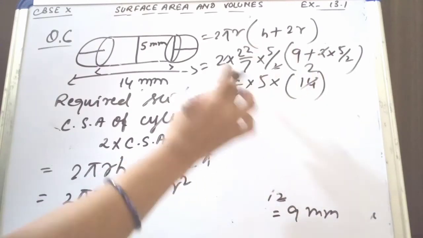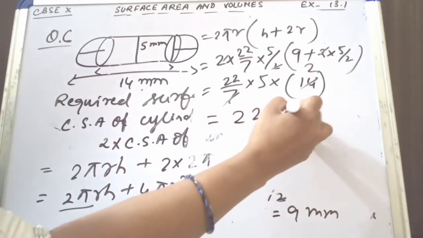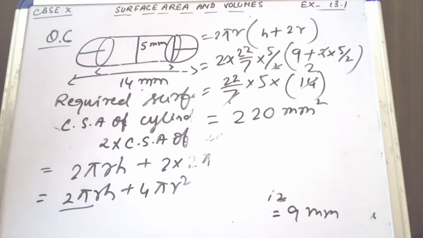That means 5 2s are 10. 220 mm square. That's the required answer. So the surface area of this total medicine capsule is 220 millimeter square.